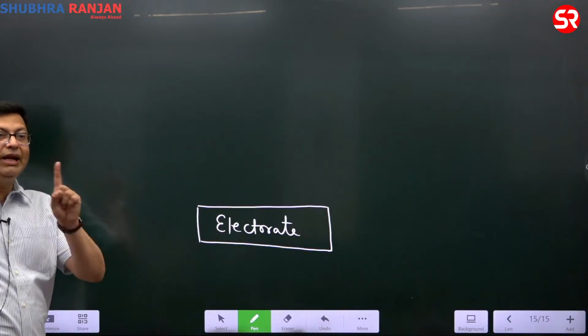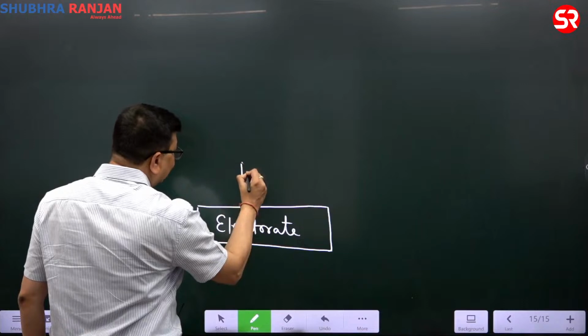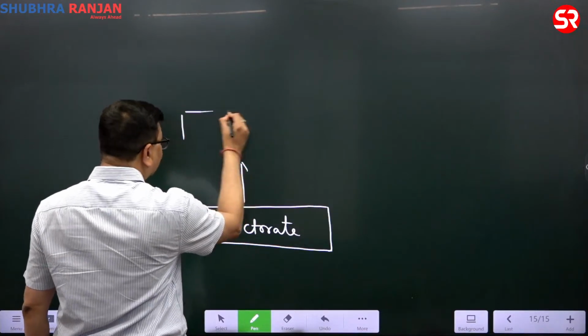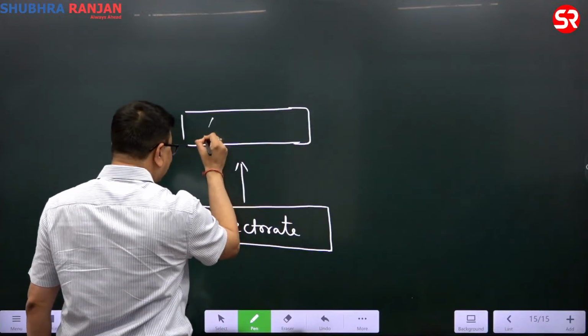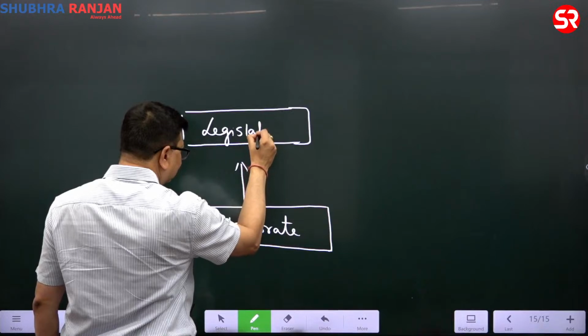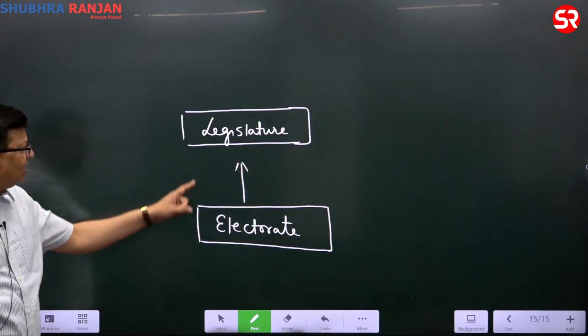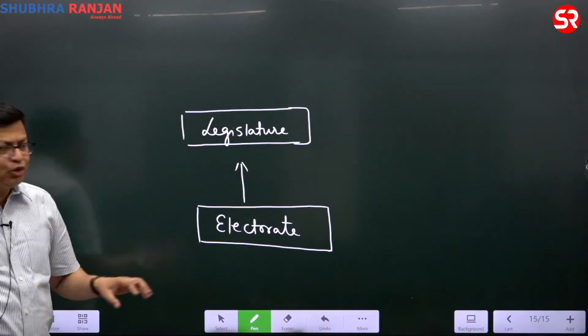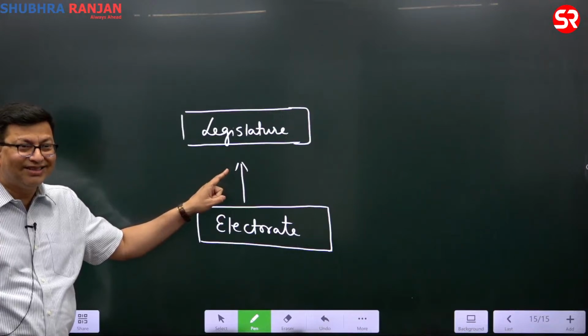Now what do we do in the elections? In the election, the electorate elects the legislature. So the electorate, we do not elect our ministers.